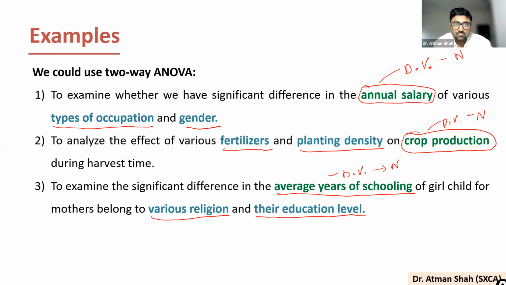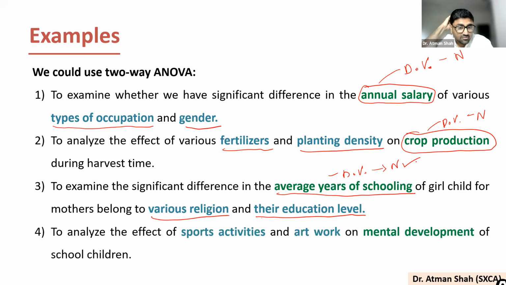So religion can have various categories, education level can also have various categories: primary school, secondary school, higher secondary, higher education, right? And then we are interested to know the separate and simultaneous effect of these two independent variables on the dependent variable.